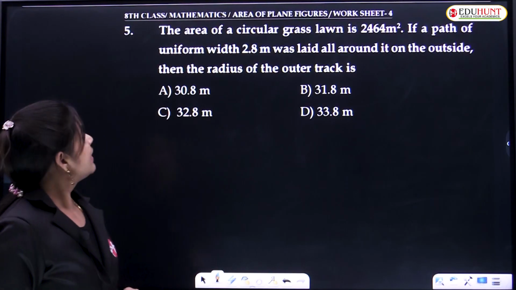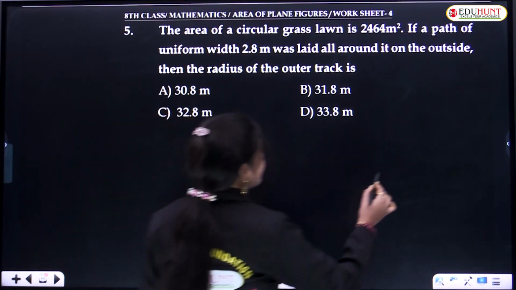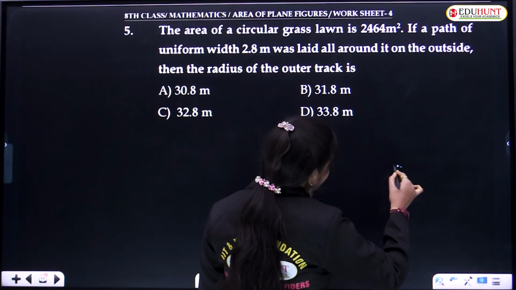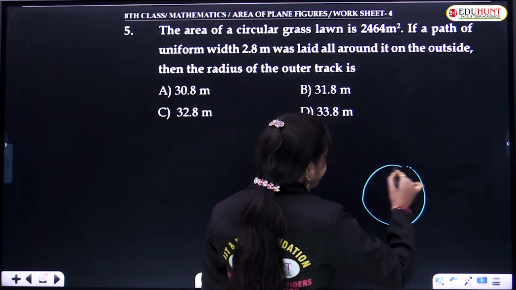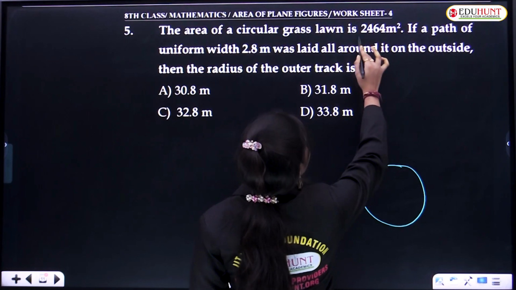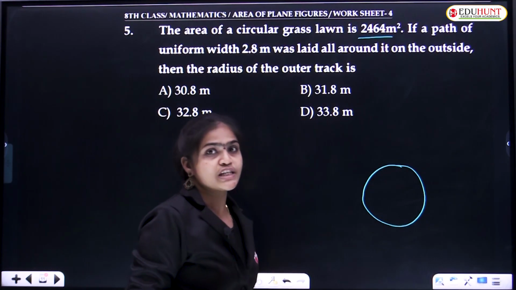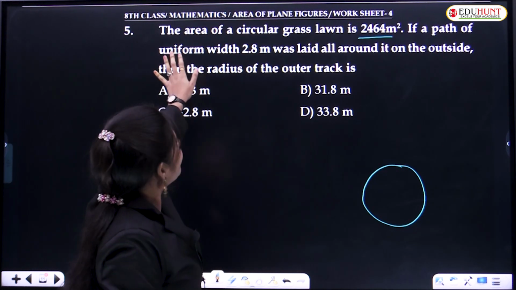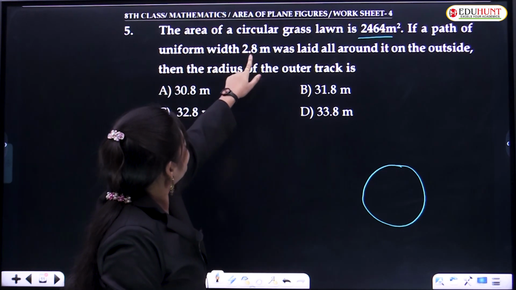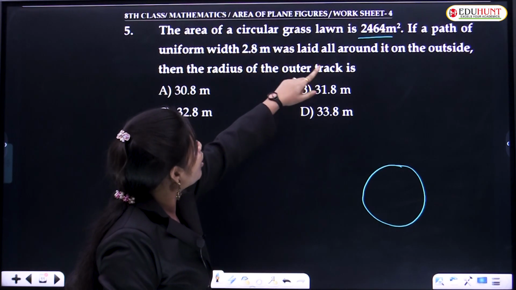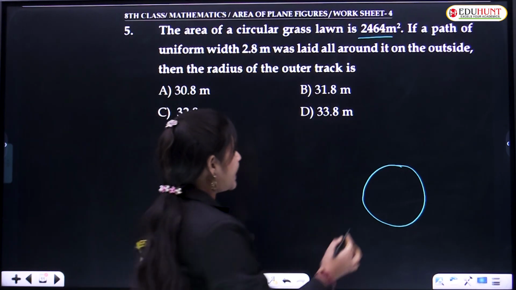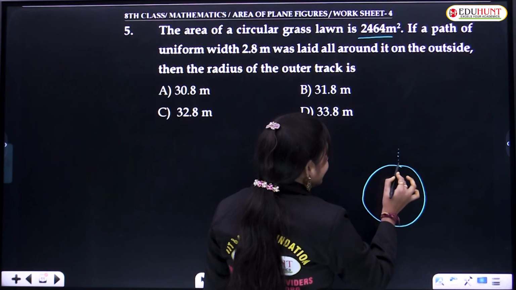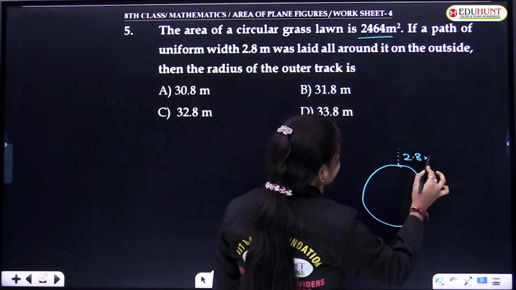Question number 5. The area of a circular grass lawn, see here, circular grass lawn. This area they gave as 2464 meters square. If a path of uniform width 2.8 meters was laid all around it on the outside, by taking 2.8 meters width.